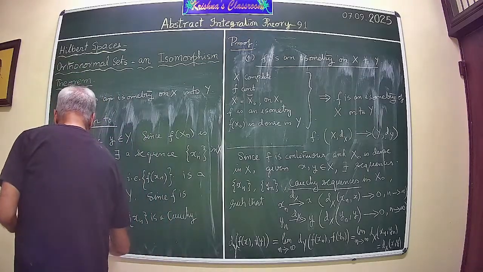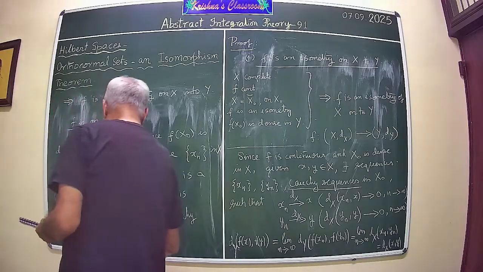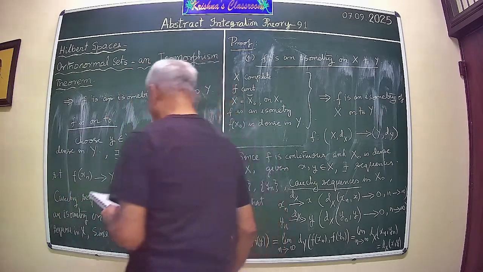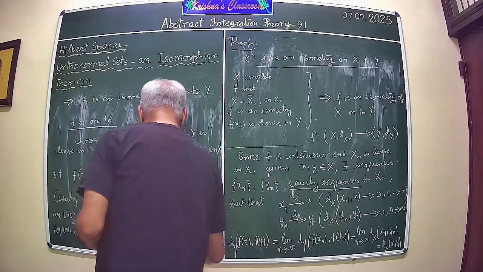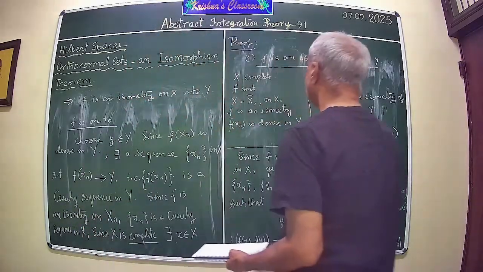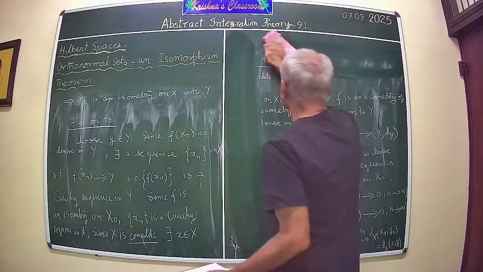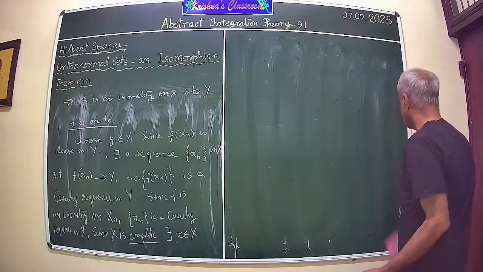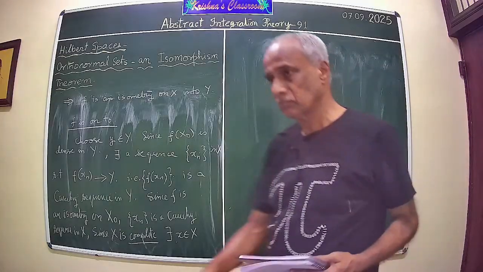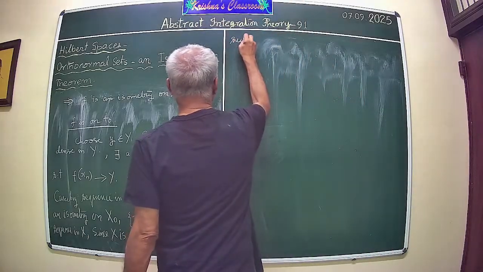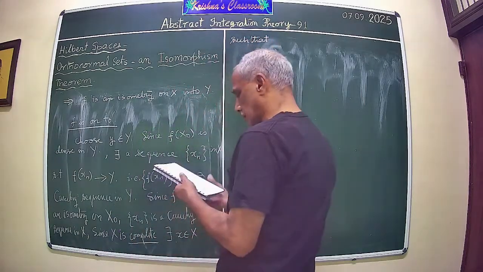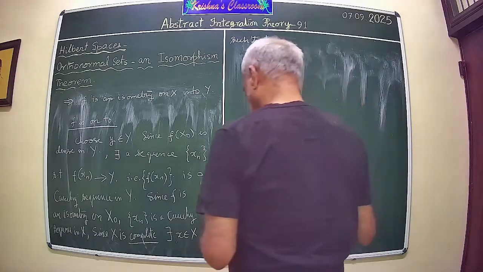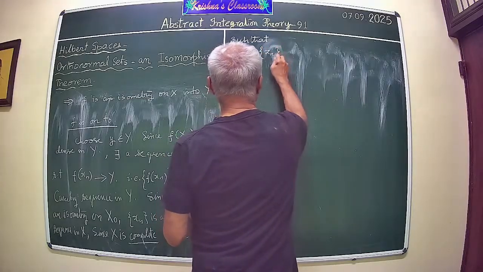Since X is complete, this is where we use this, there exists an x belonging to X such that the sequence x_n converges to x.